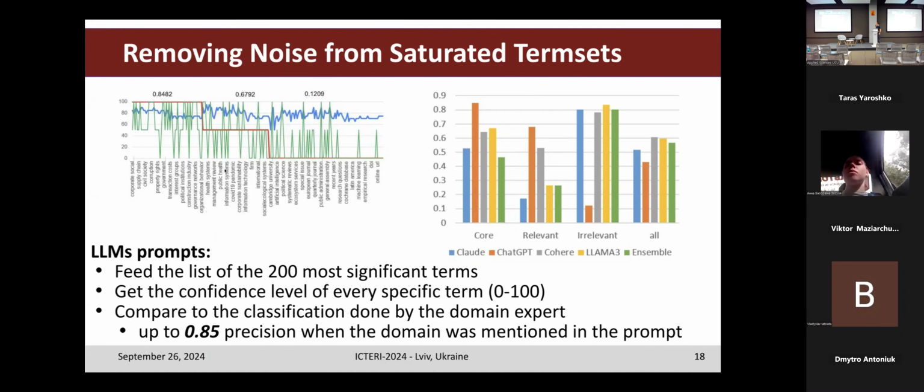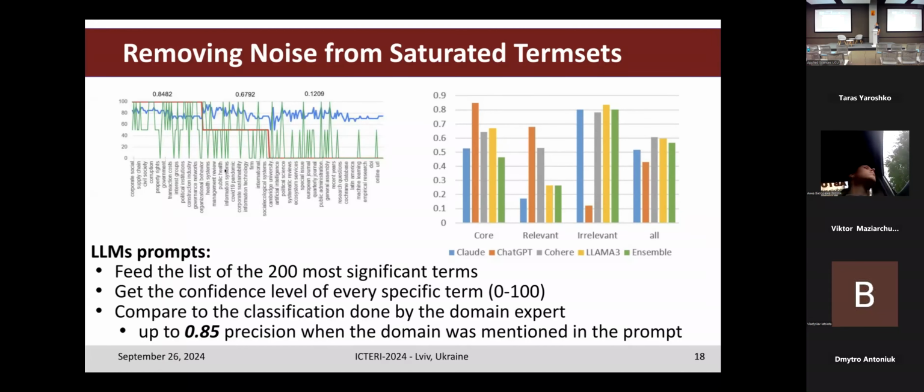We fed the list of 200 most significant terms to the LLM and asked the selected LLMs to return the confidence level of each specific term, of how relevant it is to the particular domain, on a scale from 0 to 100%. In order to evaluate those predictions, we compared them with the classification that was done by the human domain expert.